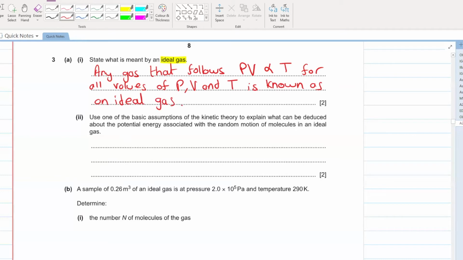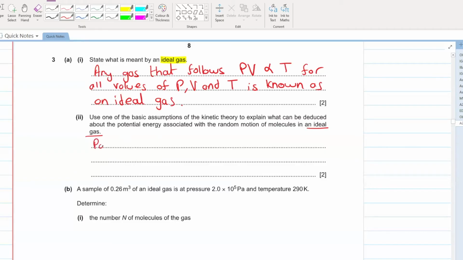Use one of the basic assumptions of the kinetic theory to explain what can be deduced about the potential energy associated with the random motion of molecules in an ideal gas. Do you guys remember that in an ideal gas, the potential energy was zero?